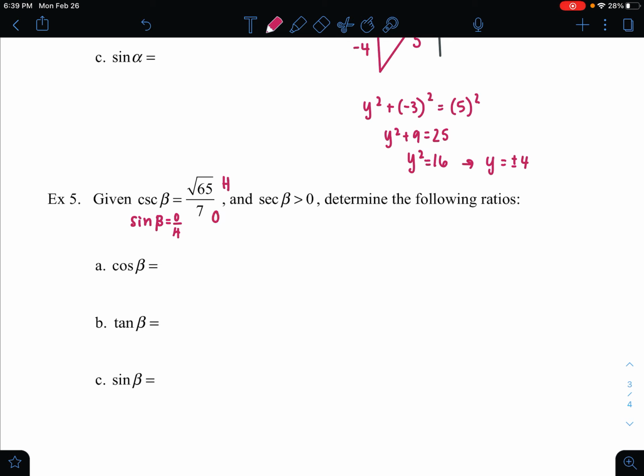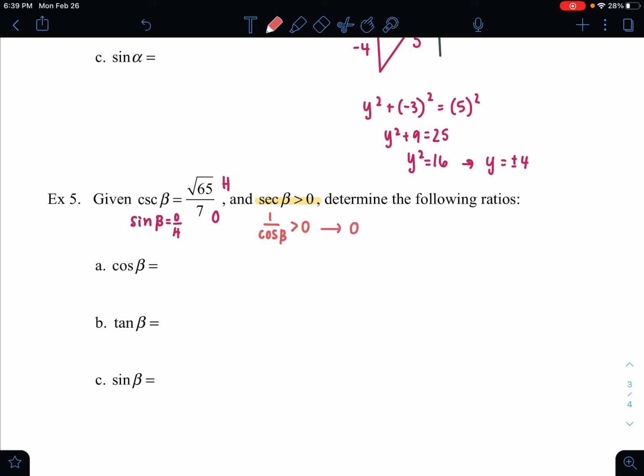It's also telling us that our secant is greater than 0. And remember, secant is with cosine, so you need a positive cosine. You have positive cosines in quadrants 1 and 4. And then with cosecant, notice that that was also positive.